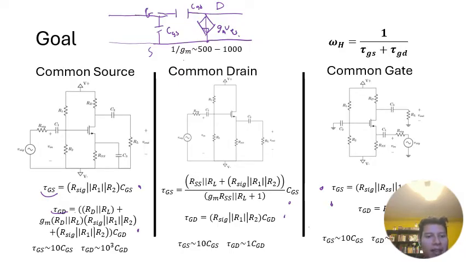Additionally, to compute omega high, instead of using the maximum of the two, we're typically going to use this formula, which adds them both up. So tau GS plus tau GD, 1 over that is going to be omega high.